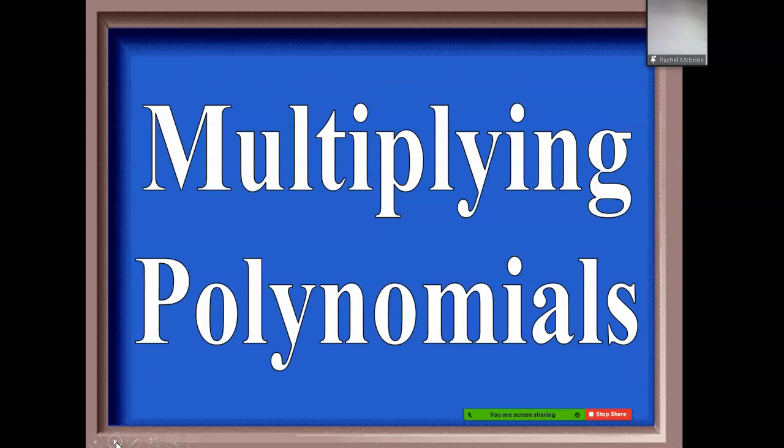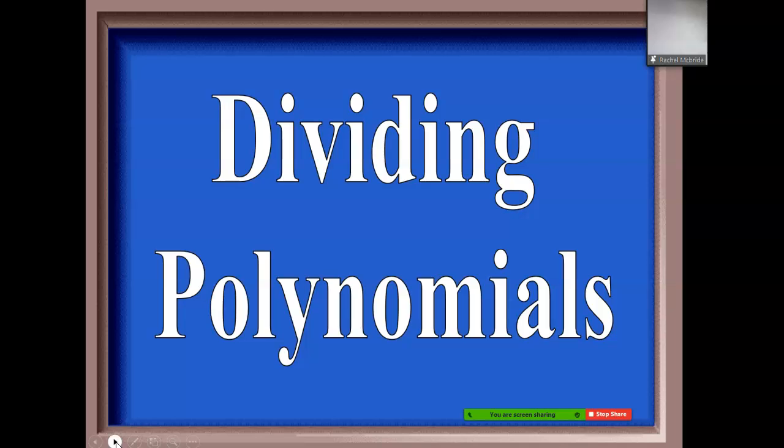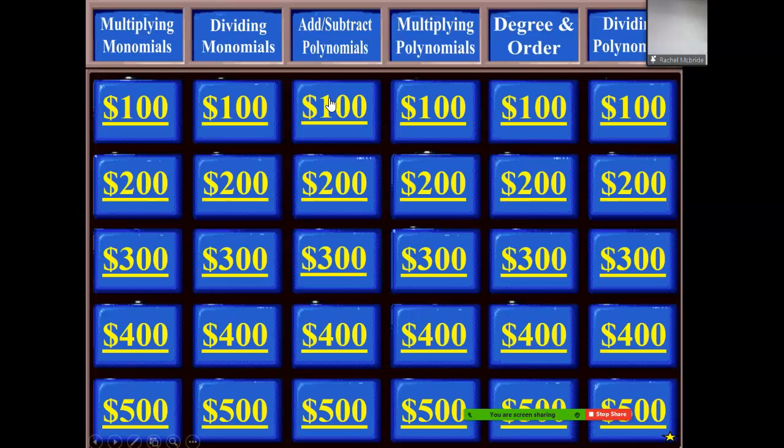All right, so what I did on your Jeopardy boards is I gave you all the categories across the top so you didn't have to write them all in. To start us off, let's start in kind of the middle. If you have a board, you are doing adding and subtracting for 100.